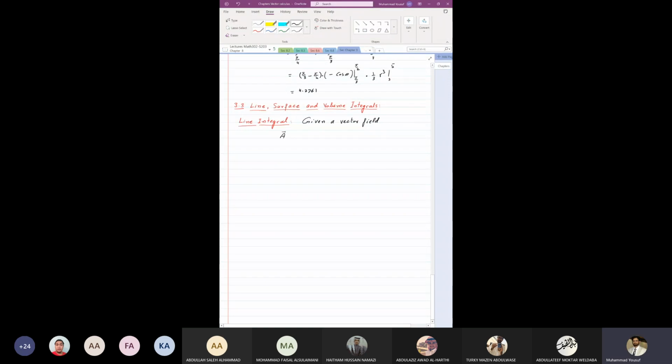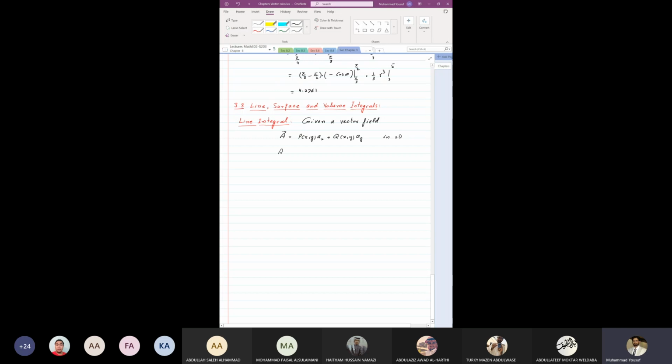This vector field A will be some function of x, y, ax plus some function of x, y, ay in 2D.